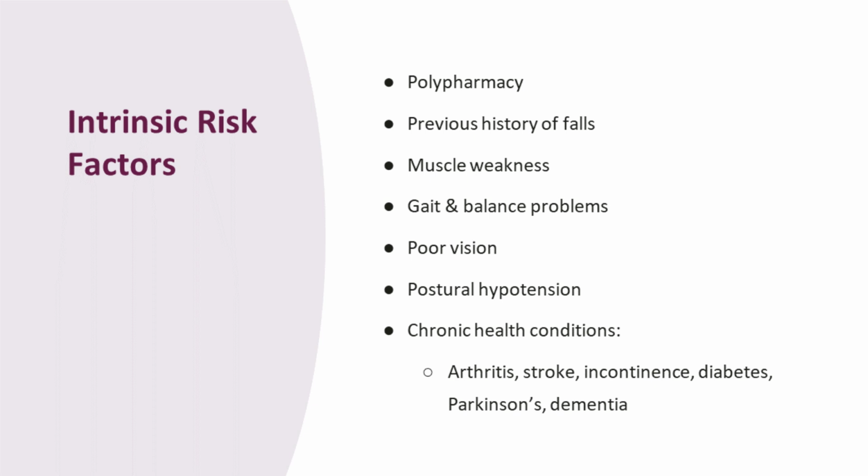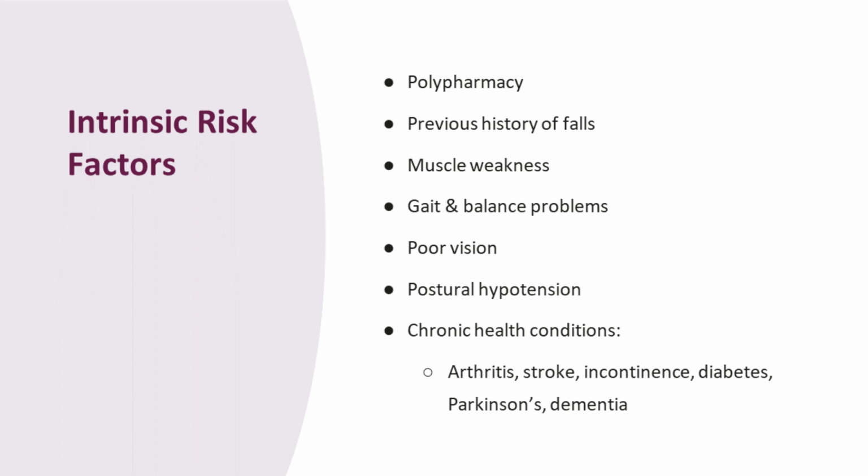We also know chronic health conditions can impact a person's risk for falls. If a person has arthritis in their joints, they might have weakened joints, and so it might be harder for them to move about. If somebody has Parkinson's, that's a movement disorder.